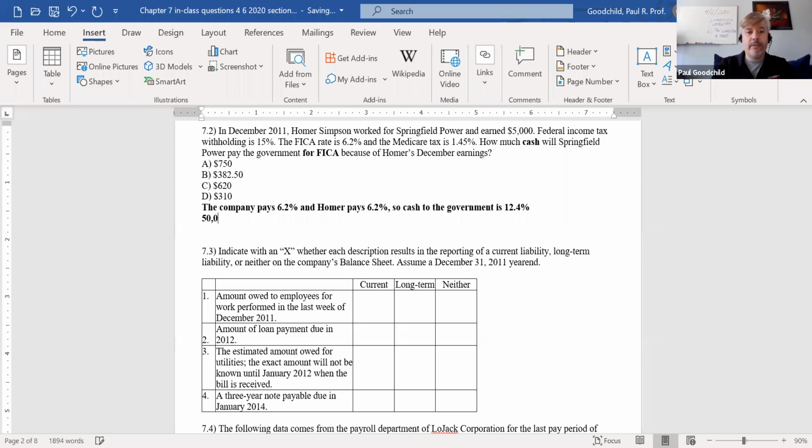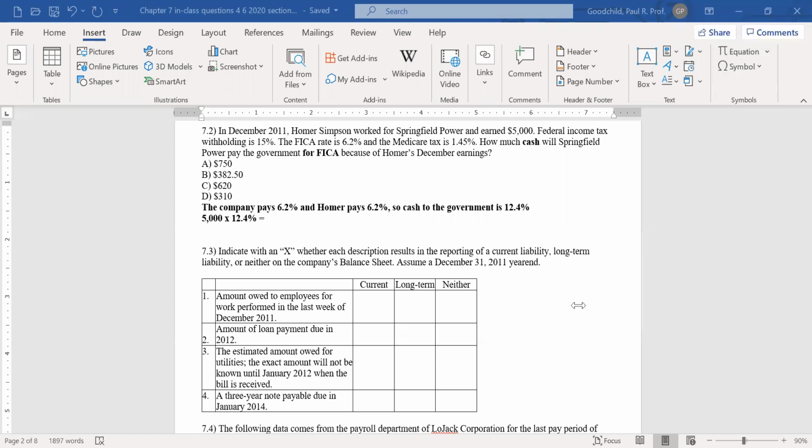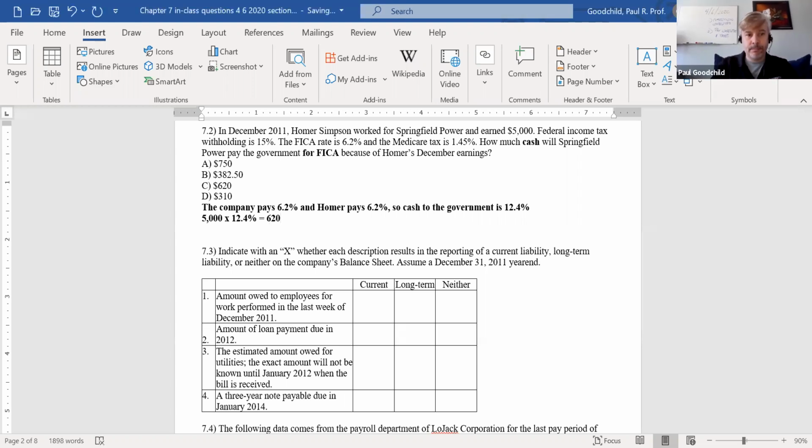So 5,000, not 50, times 12.4% equals $620. Okay.